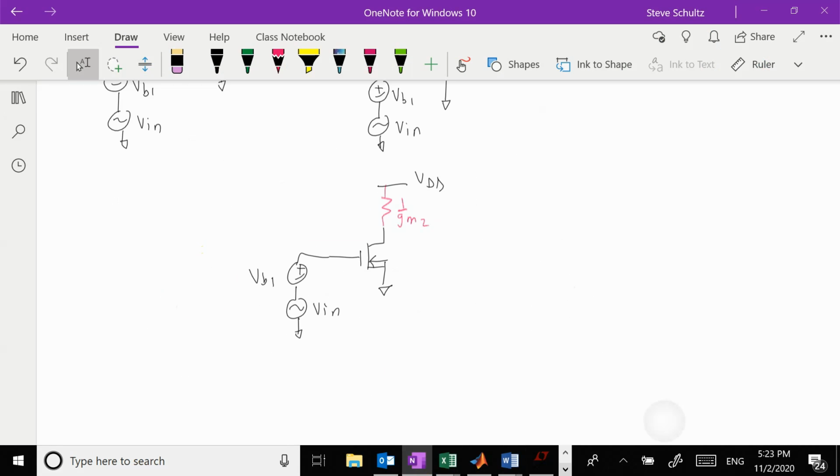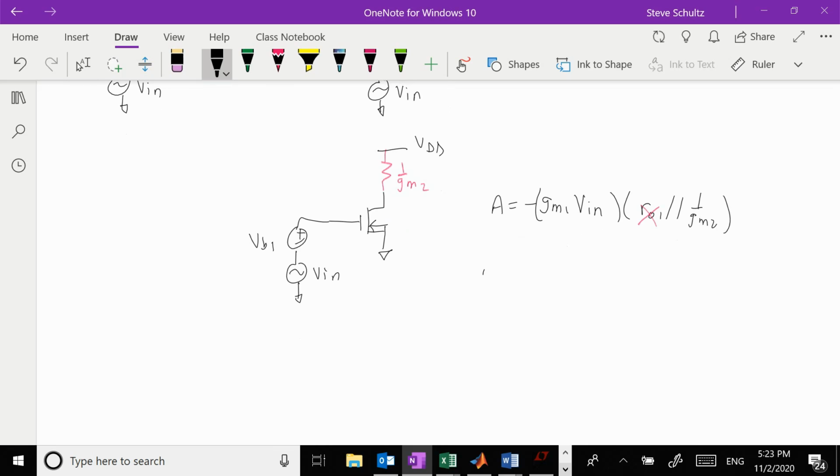So now my gain is going to be equal to minus gm1 times V in times the resistor, which is going to be equal to ro1 in parallel with 1 over gm2. Now, these are going to have different parameters, but for the most part, this is going to be much, much larger. And so then when I'm done, I have A is equal to minus gm1.